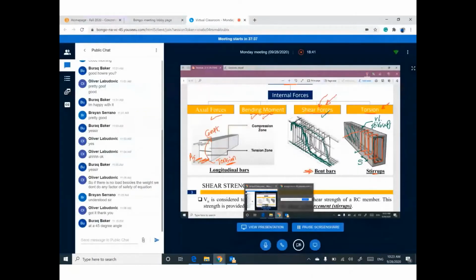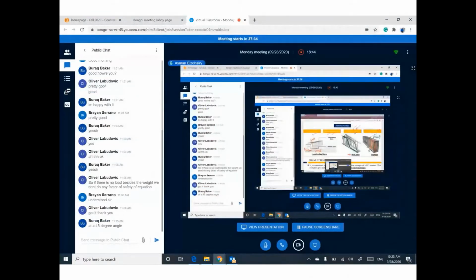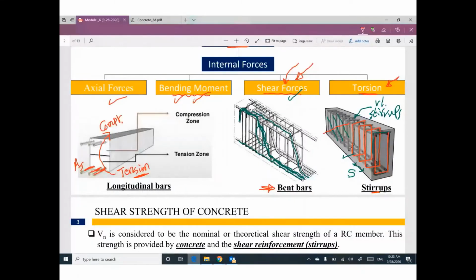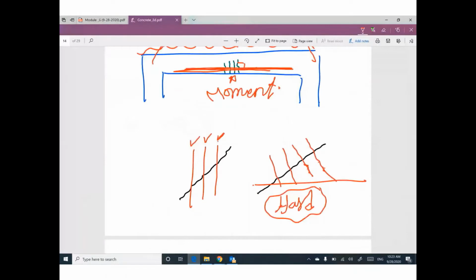Most of the time, we cannot apply these stirrups at an angle. 90%, probably 95% of all stirrups are vertical stirrups. But vertical stirrups are still efficient and can resist this inclined crack. But if you make them inclined, inclined stirrups will be more efficient.